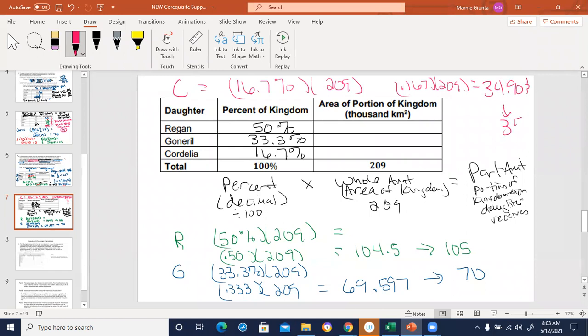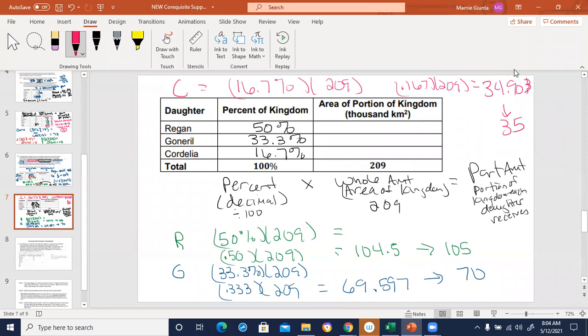So again, that would be 35. So if you plug in 104.5 and 69.597 and 34.90, that would be a 3 here. You add those up, that should give us that 209.